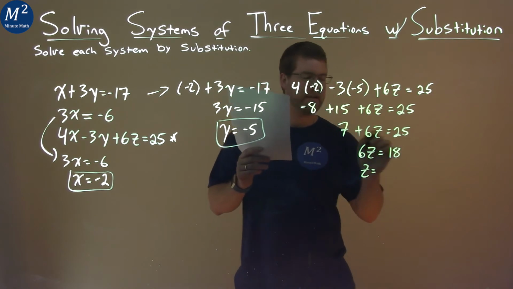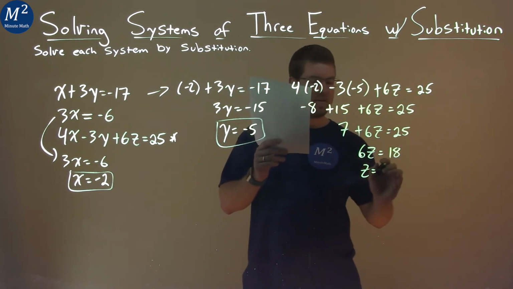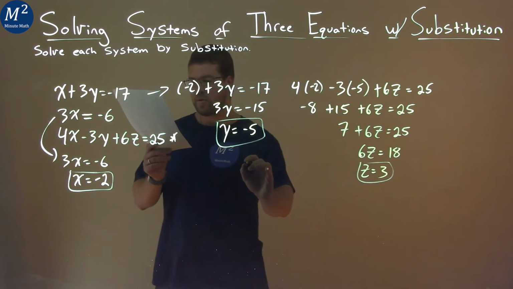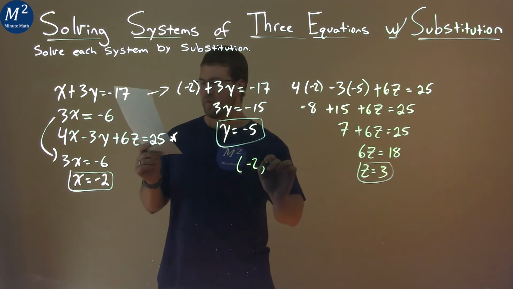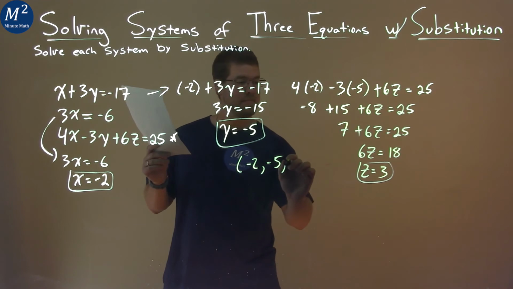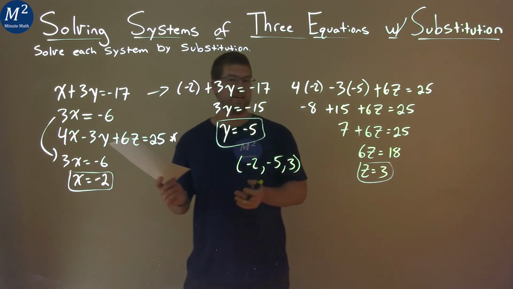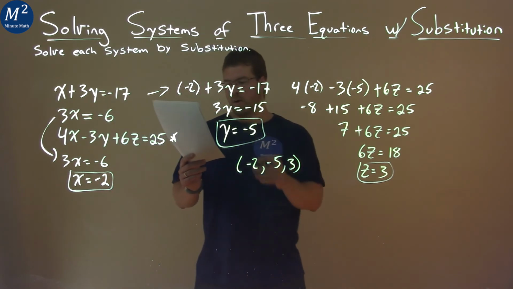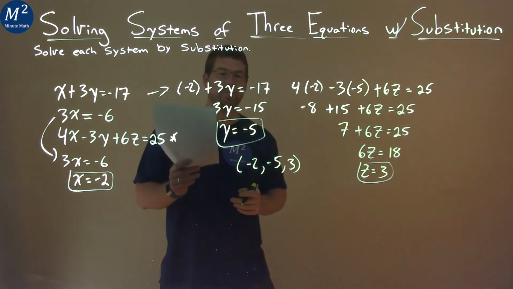And, well, 18 divided by 6 is a positive 3. So we can put these three values as a coordinate point, negative 2, negative 5, and 3. And that's it. Very quickly, actually, we got our final answer of x equals negative 2, y equals negative 5, and z equals 3.